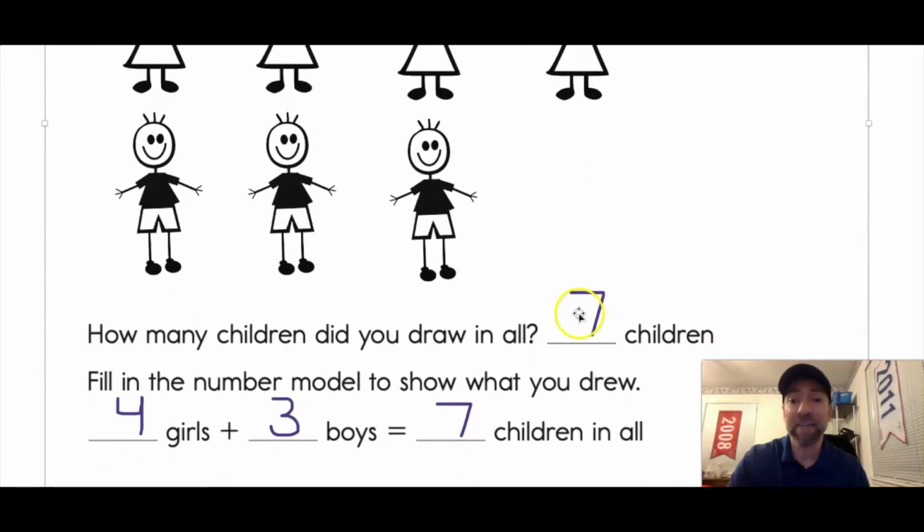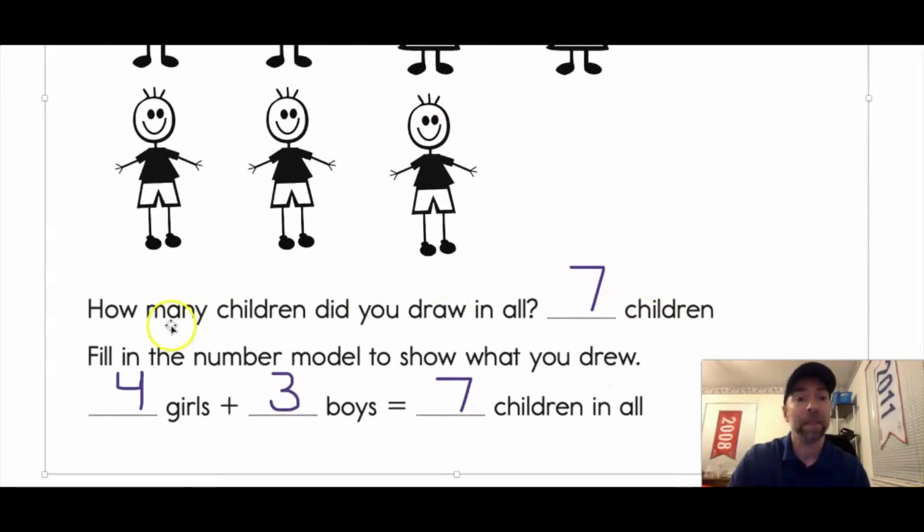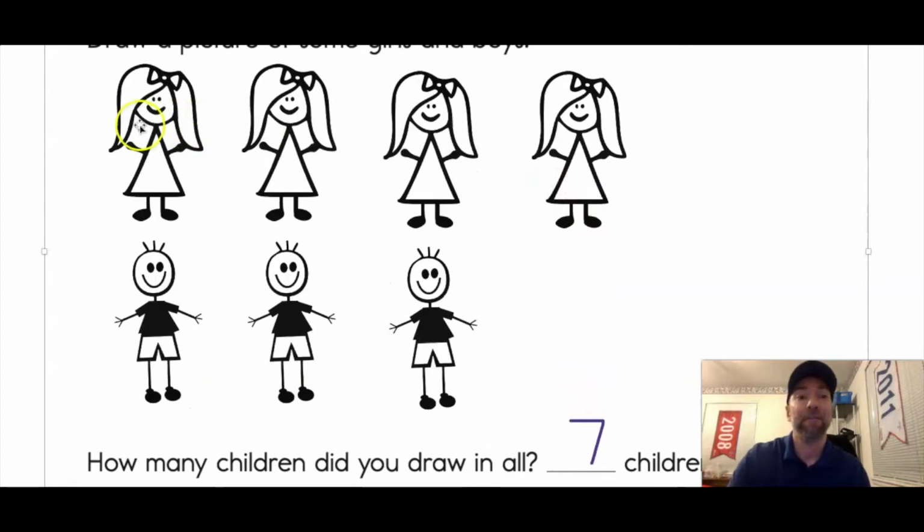I drew 7 children. 4 girls plus 3 boys equals 7 children in all.